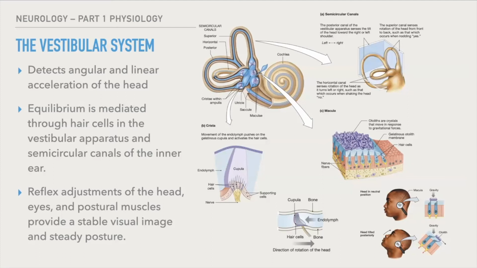The vestibular organ is a membranous labyrinth consisting of 3 perpendicular semicircular canals, as you can see in the 2 pictures on the top. The semicircular canals detect angular acceleration or rotation, while the utricle and saccule detect linear acceleration, as you can see in picture C.